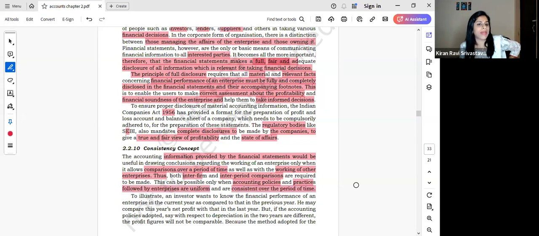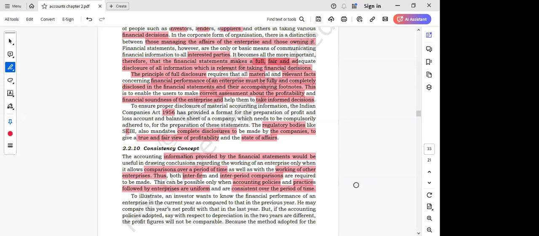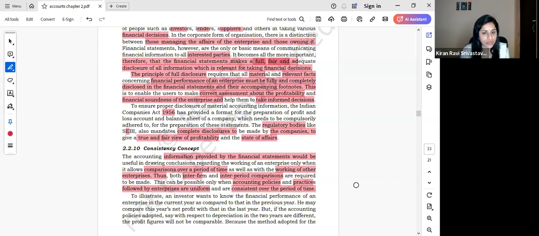Now, can you compare your report card with friends'? Till 10th, everyone's subjects are almost the same in CBSE. But what happens in 11th? Some people take science, some take commerce, and some take arts. Will you compare your report card with someone who has taken science? Never, because it is a different field.